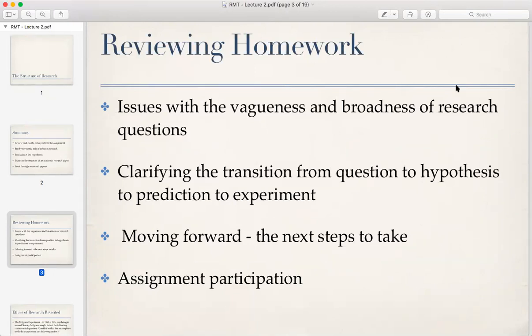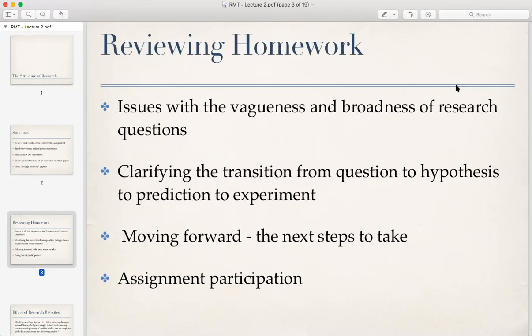People have a lot of difficulty coming up with a question, or even when they were analyzing other experiments, coming up with what is the question that they're trying to answer. Because sometimes it's not too obvious, right? And what a lot of students would do is make a very vague, very broad question so that it's a little easier for them to come up with a guess for it.